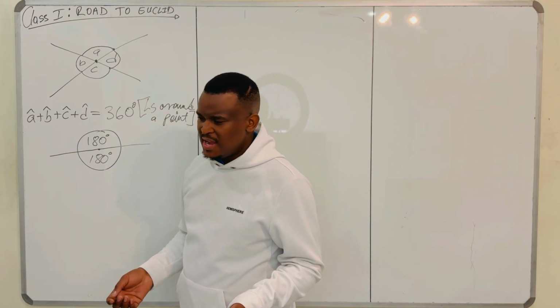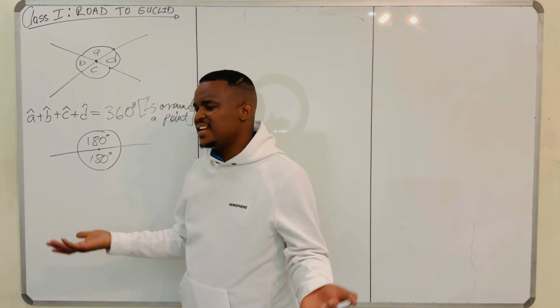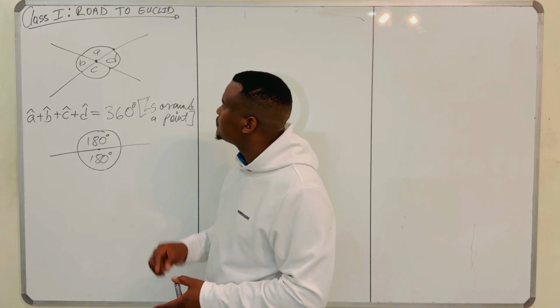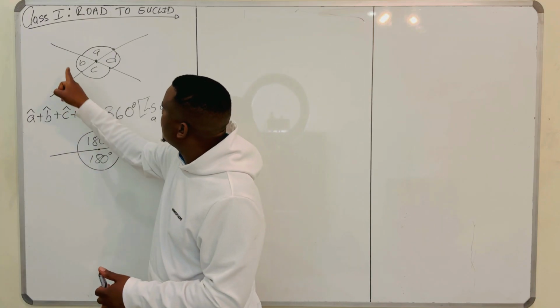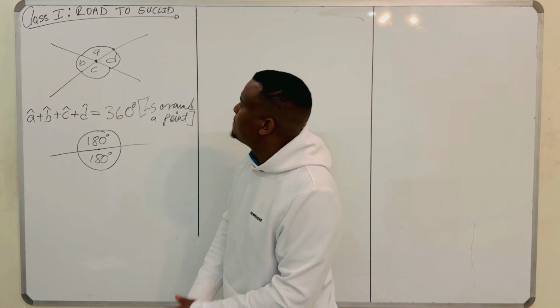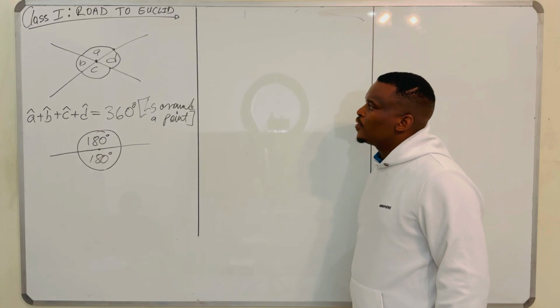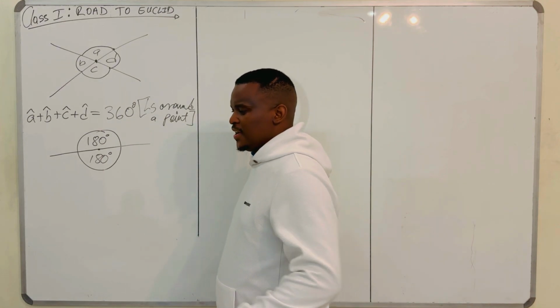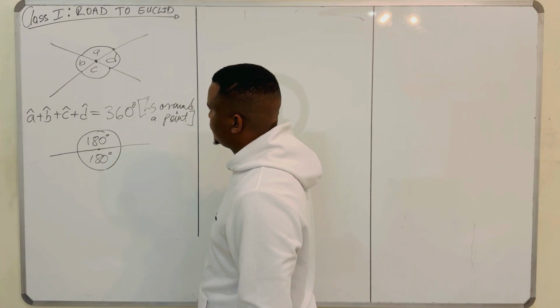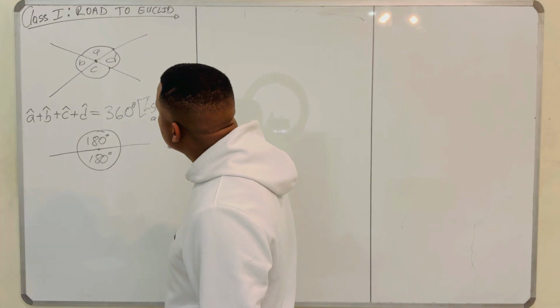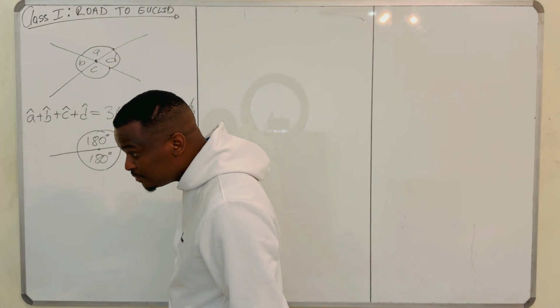Are you with me? Yes. Adjacent angles are next to each other, sharing a side and the vertex. Are you guys following? Yes. So, for example, is B adjacent to C? Yes. Is C adjacent to D? Yes. Is A adjacent to B? Yes. Is C adjacent to B?